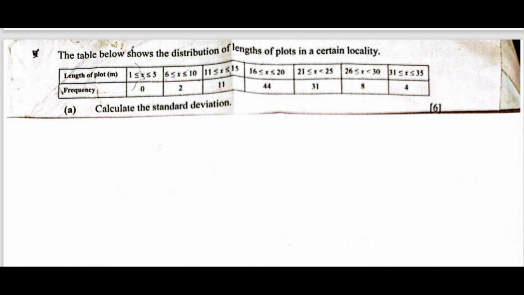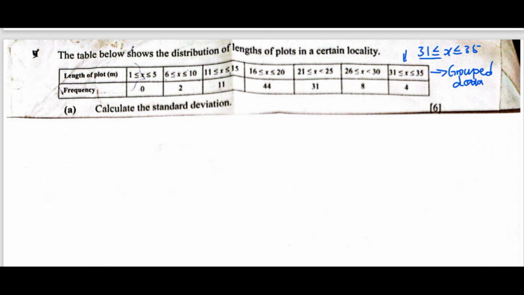Now, before we proceed by finding the standard deviation, first let's look at the data. What type of data do we have? This data is grouped data. How do you know that this is grouped data? You're going to be given an interval, like this interval here: 31 less than or equal to x less than or equal to 35.